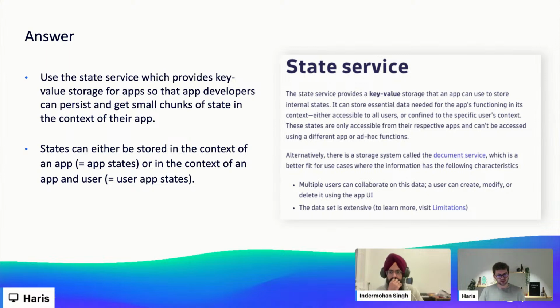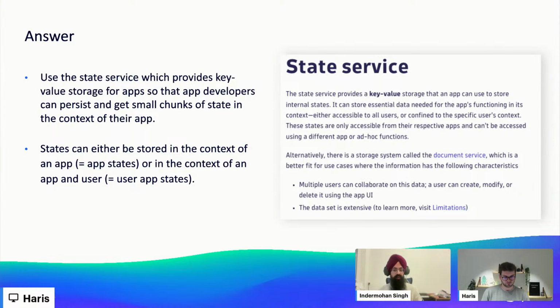The user app state and the app state. Can you tell me what is the difference between those? Yeah, so as simple as that. Both of them are app states. Both of them are persisted. The difference is that the user app state is unique to the particular user.